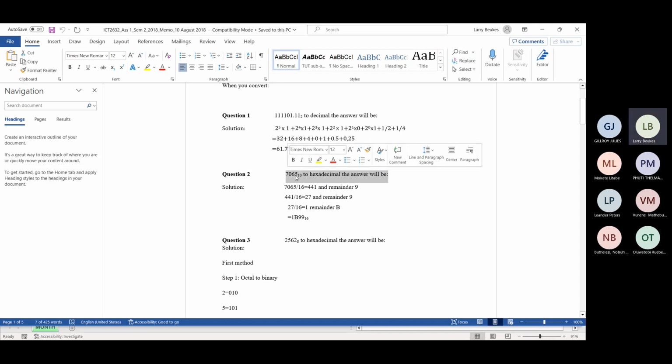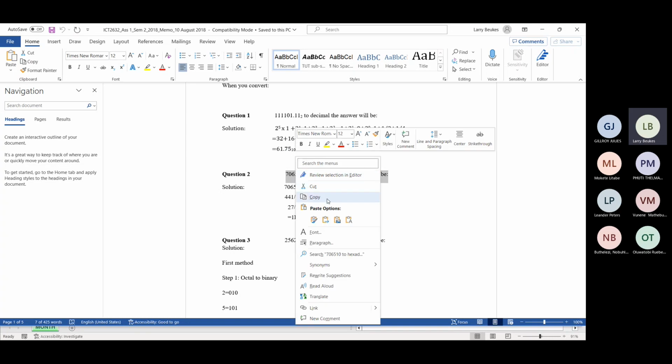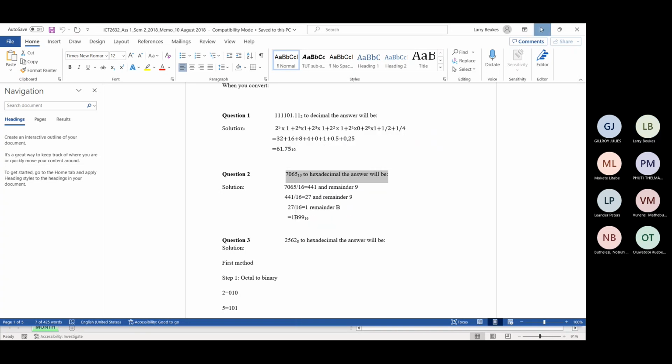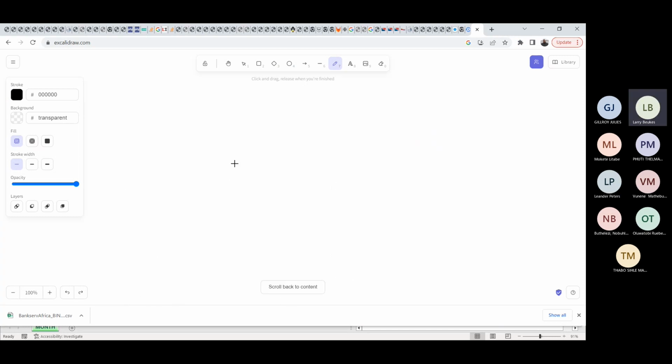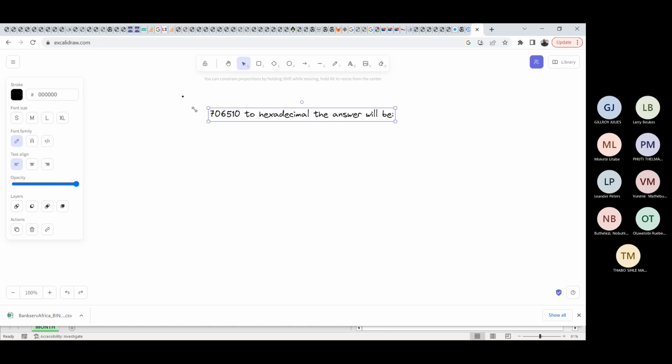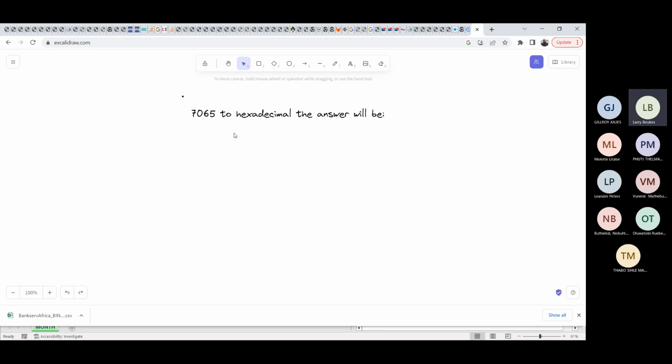But just know that I hate this method of theirs because you need a calculator here. Okay. But now your markers are very intelligent nowadays. They can mark two methods. So it's not like in the past where they used to think only the one method on the memo is the one that works. So you are safe. Whichever method you use, you are safe.